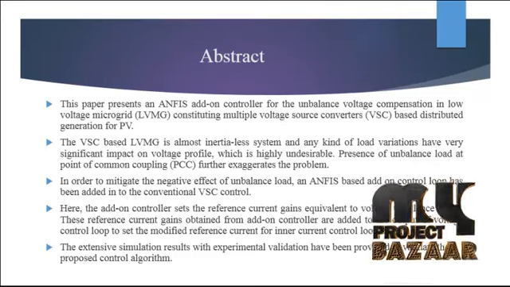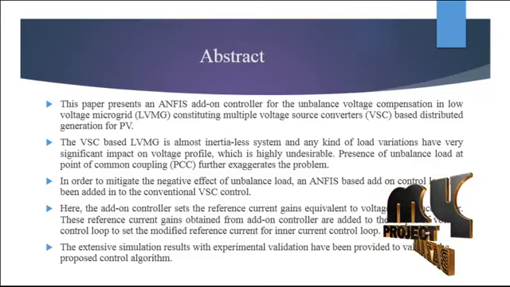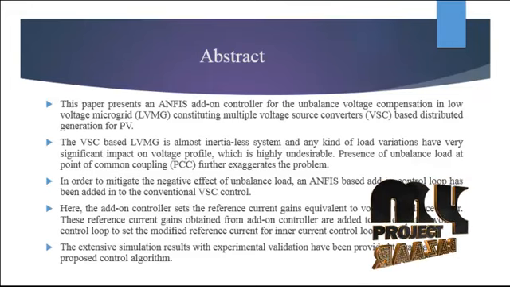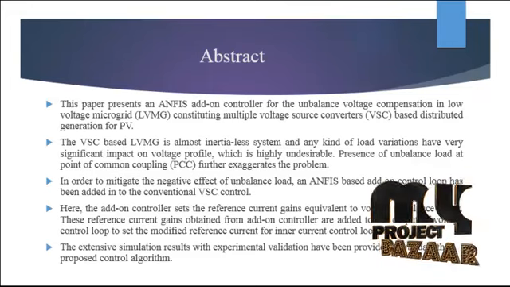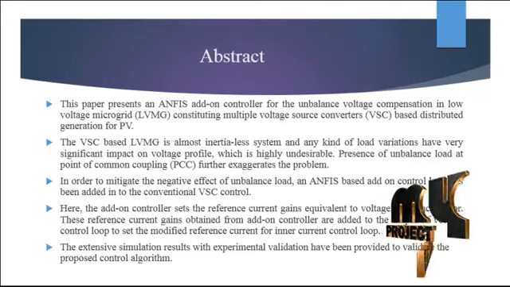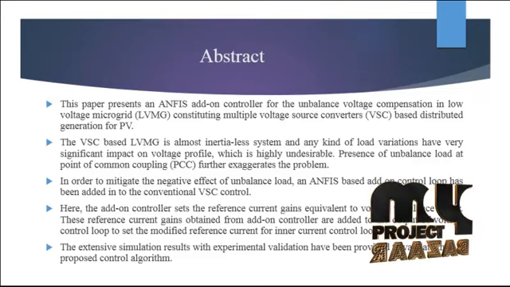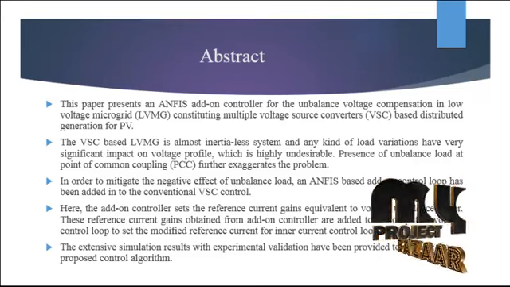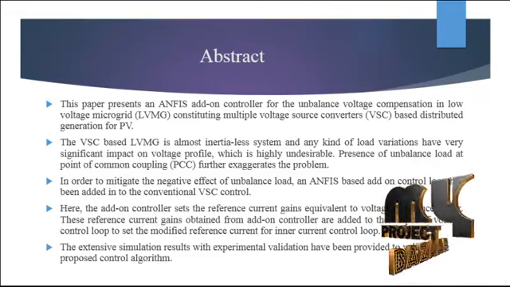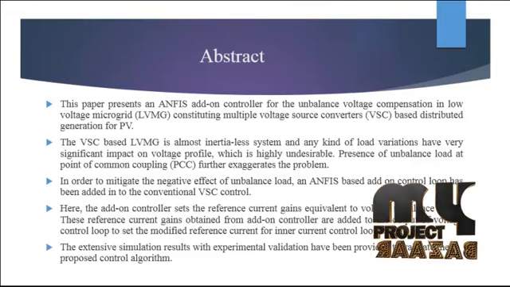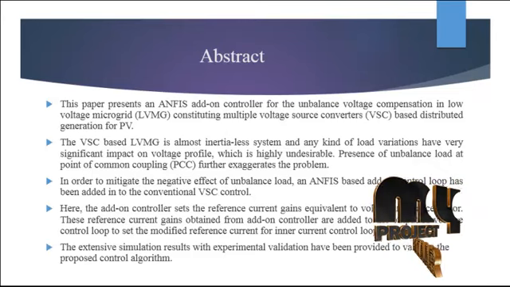In order to mitigate the negative impact on our load voltage, the adaptive neuro-fuzzy inference system uses a closed loop path with a conventional voltage source converter to control the reference current. The gains are equivalent to the voltage unbalance factor, and the reference current is used to obtain the add-on control, which is added to the output reference voltage.